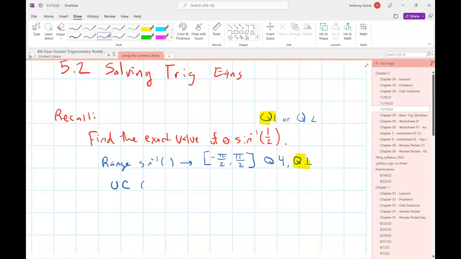I'm looking for the theta where the y coordinate is equal to 1/2. When I do that, what am I going to find? Pi over 6. Right? Everybody's okay with that?